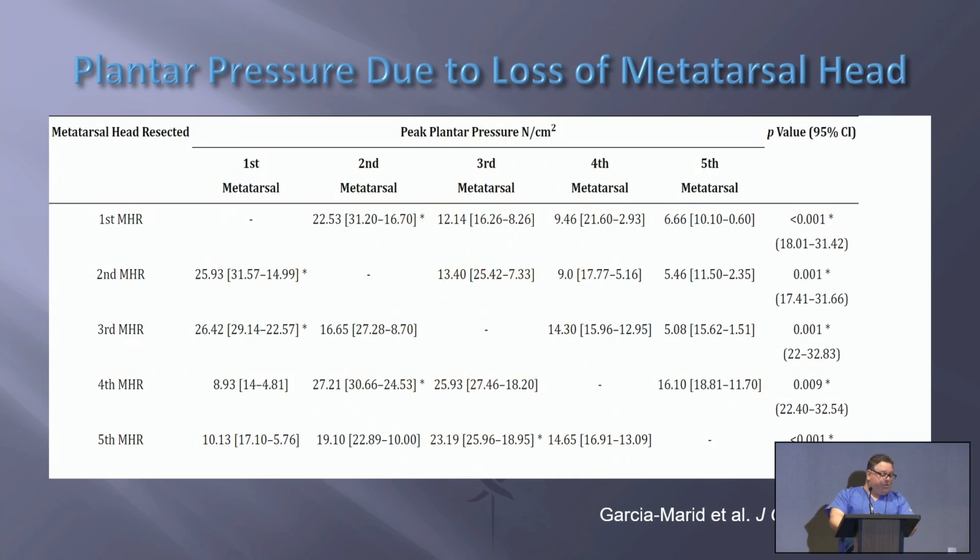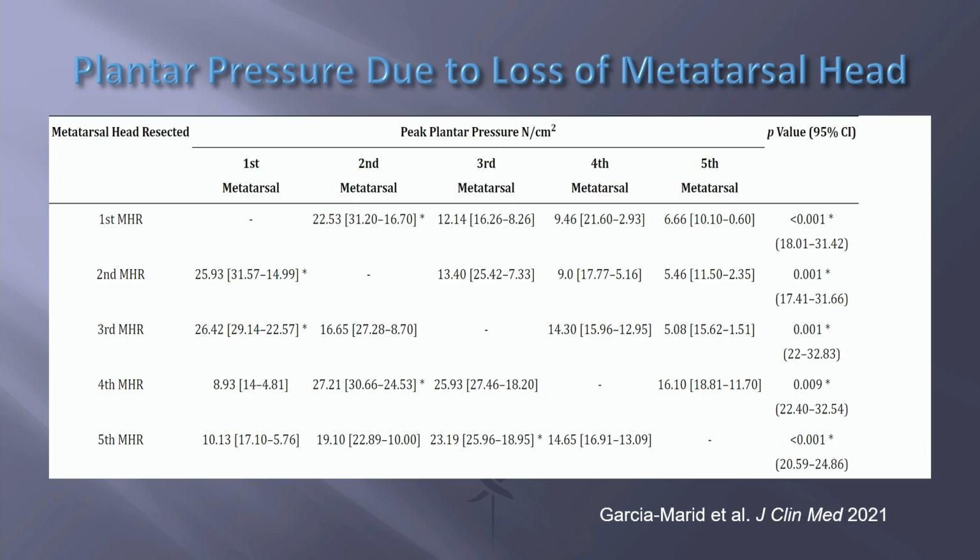So, plantar pressures due to loss of metatarsal heads. This particular study by Garcia Madrid, done out of Spain, basically measured plantar pressures with the loss of a neighboring metatarsal head. For example, with removal of the fourth metatarsal head, you can see the amount of pressure that's underneath that third metatarsal head.